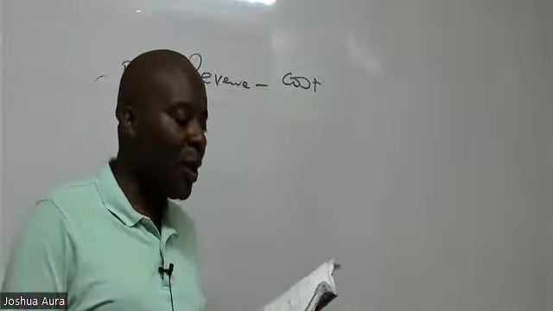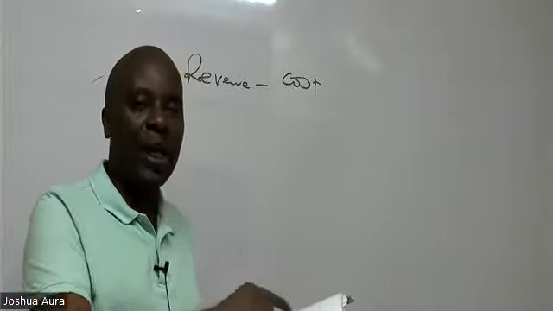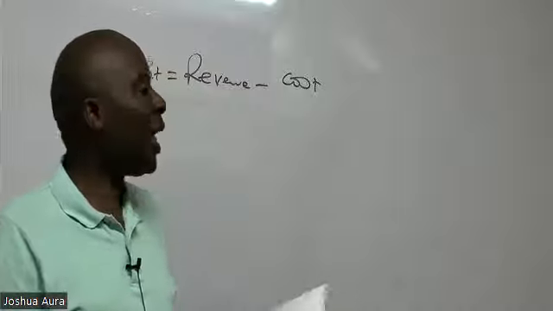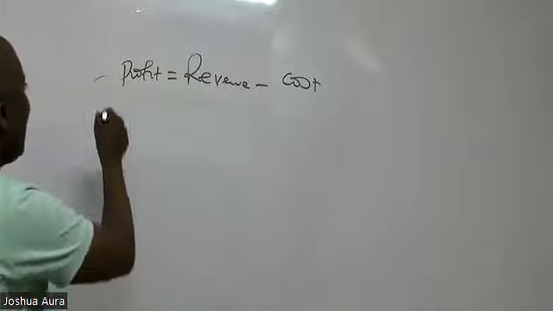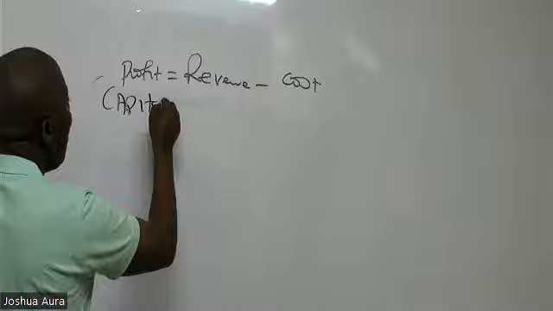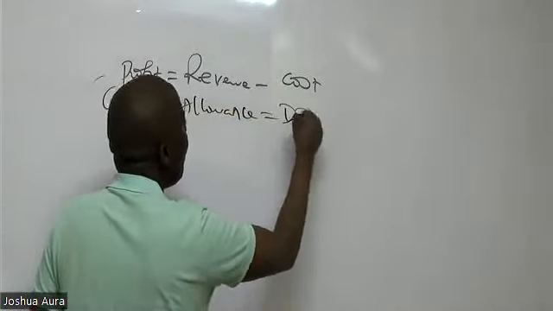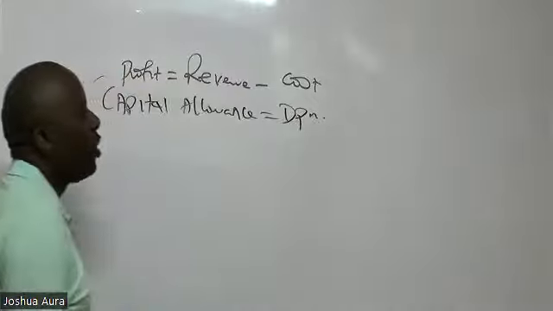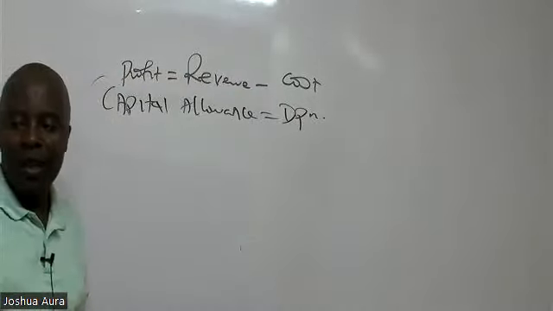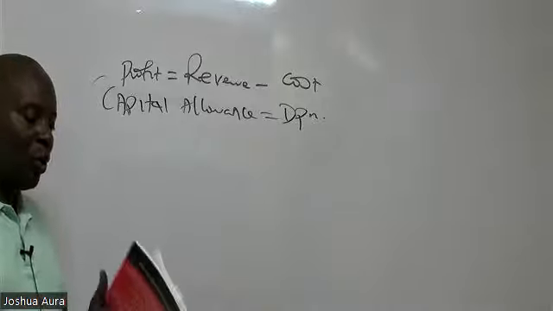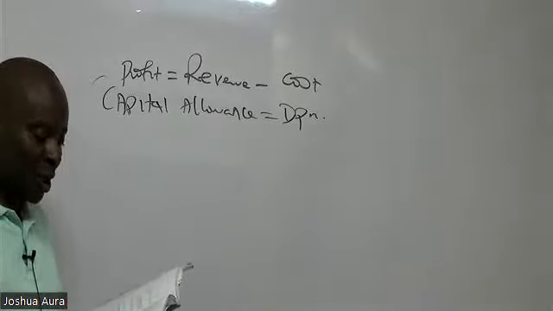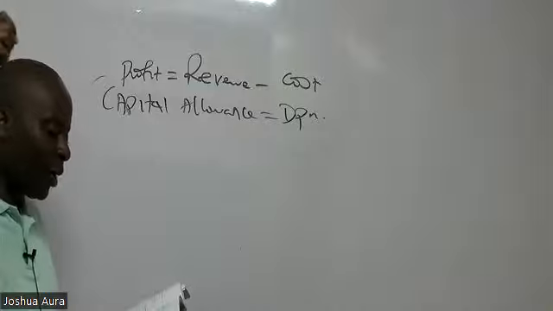Whenever you see capital allowance, simply go there and write in brackets, depreciation. We are learning something very important here: capital allowance will always be equal to depreciation in finance. Very important. Great.